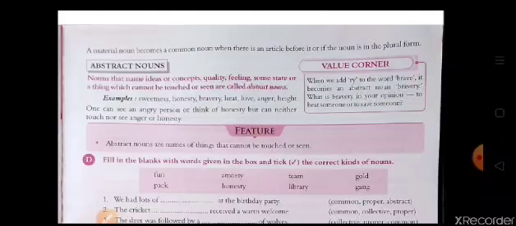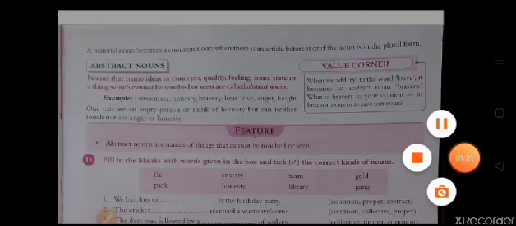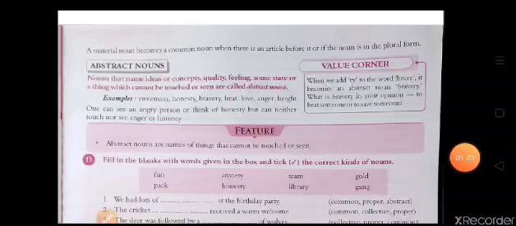Now let's move to the next kind of noun, the abstract noun. An abstract noun is usually the name of a quality, action, or state considered apart from the object to which it belongs.